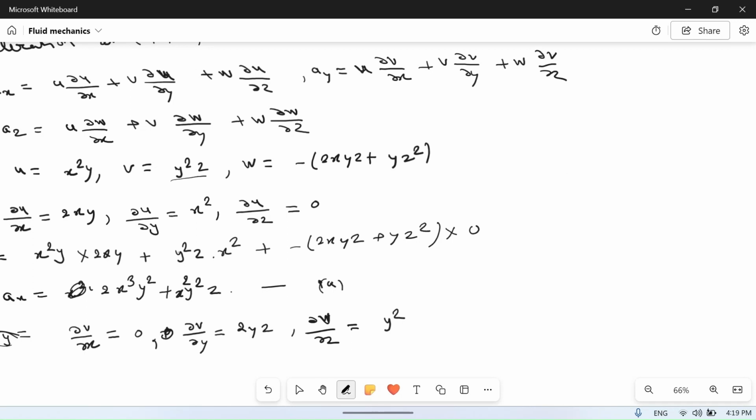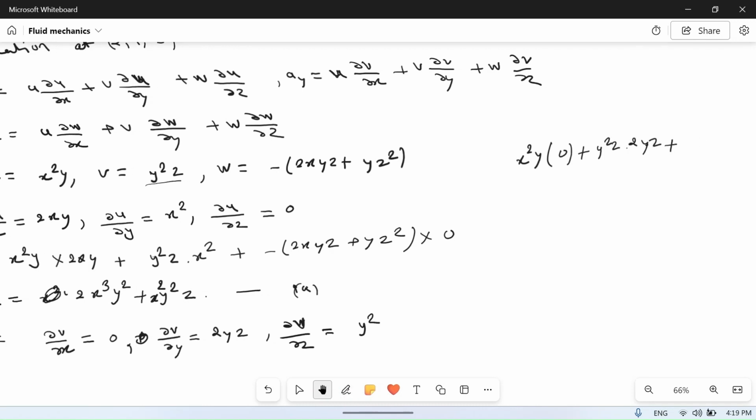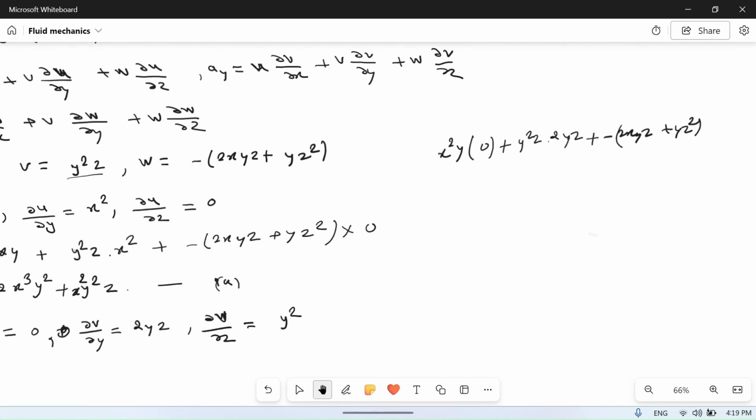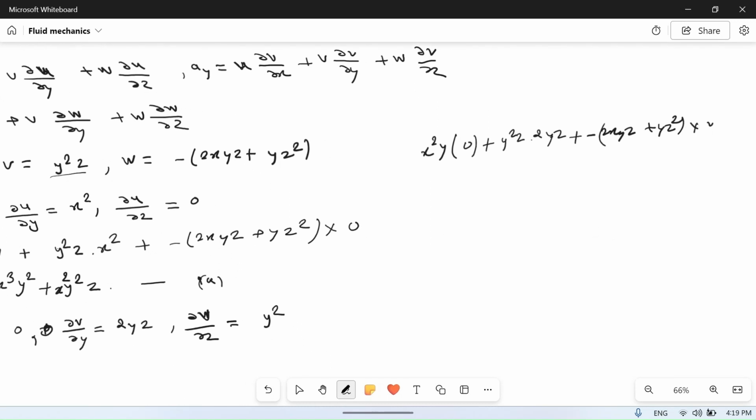So u is x square y into del v by del x, which is 0, plus v, which is y square z, into del v by del y, which is 2yz, plus w, which is minus 2xyz plus yz square, into del v upon del z, which is y square.